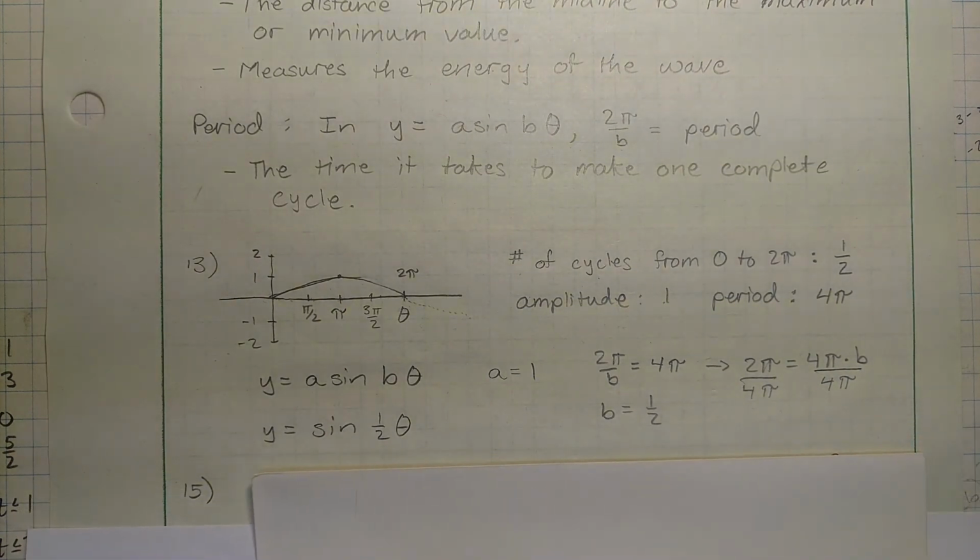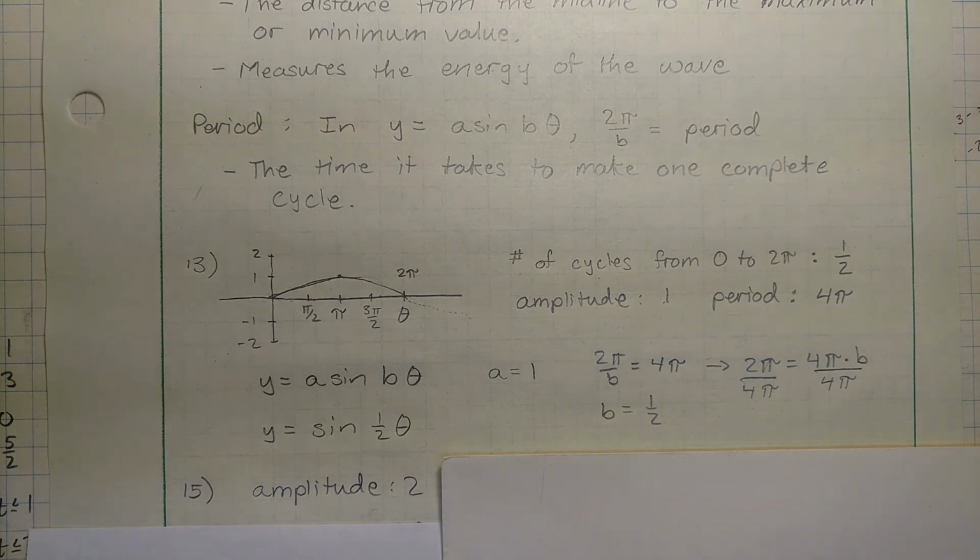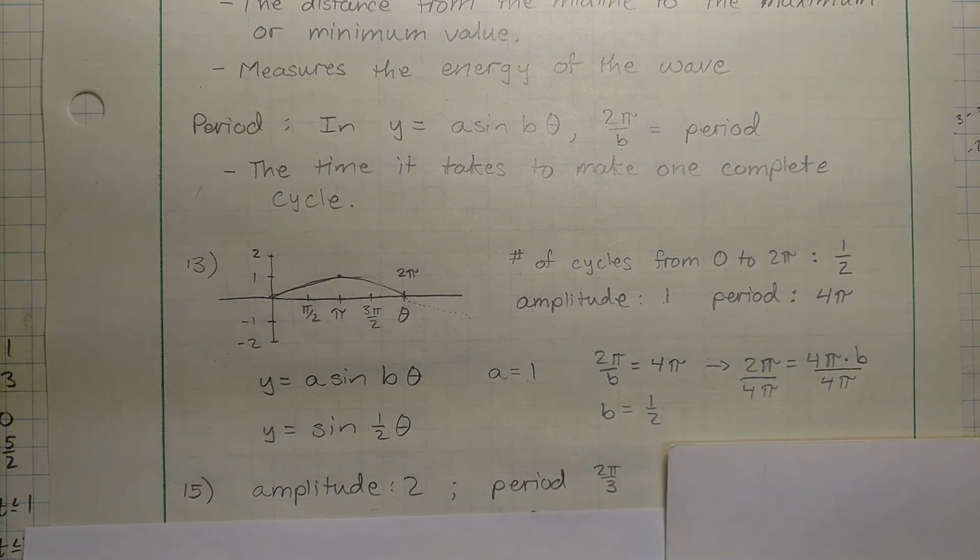All right, 15. So for 15, they tell us the amplitude. They say amplitude is 2. And they tell us the period. Period's 2 pi over 3. And so we can calculate the values. It wants us to find the equation. Oh, I guess it wants us to sketch.